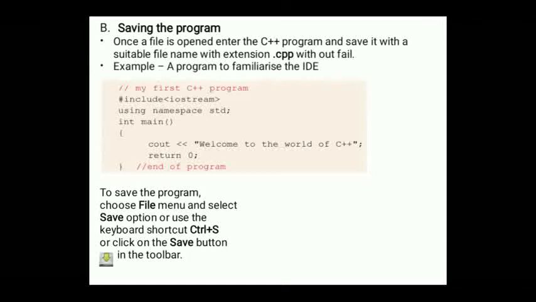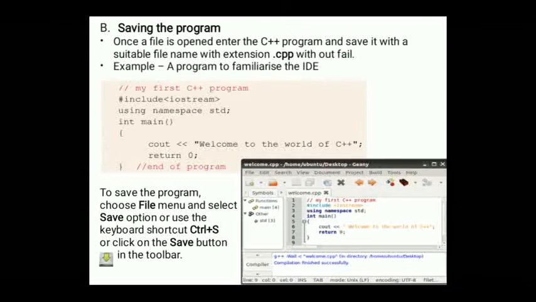First we create a program and save the file with the extension .cpp, by pressing Ctrl+S. This helps to avoid loss of data due to power failures or unexpected system errors. Just press Ctrl+S or click the Save button.